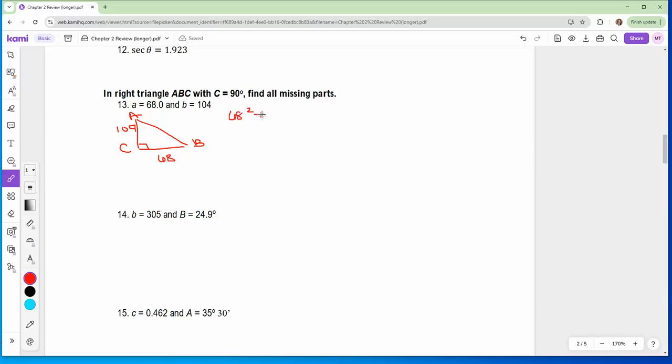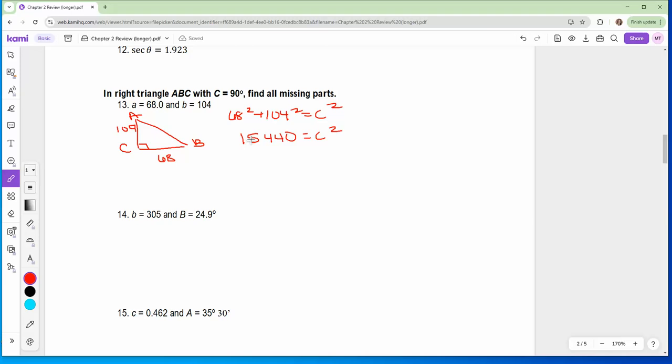A squared plus B squared equals C squared. So we square root.